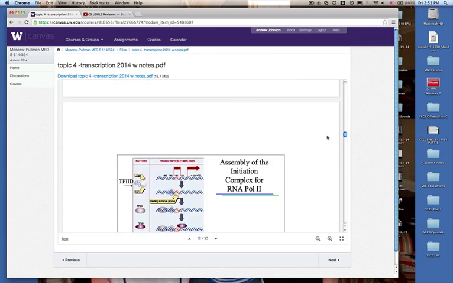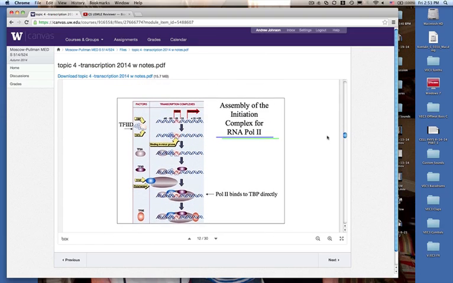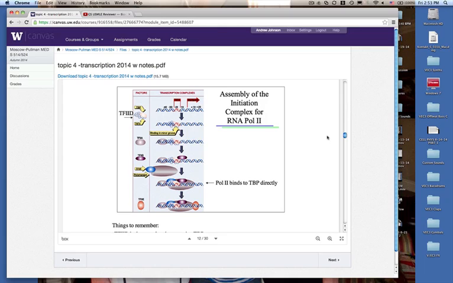I want to walk through for a minute how the polymerization of Pol 2 transcripts starts, because it's a ridiculously complex dance. I don't expect you to remember all these players, but I want you to take away from this that there are hundreds of proteins involved in this.